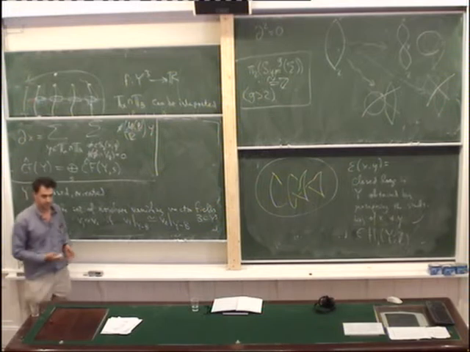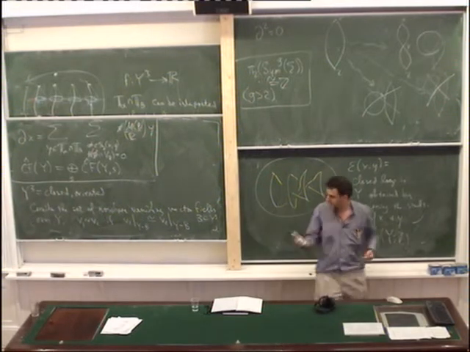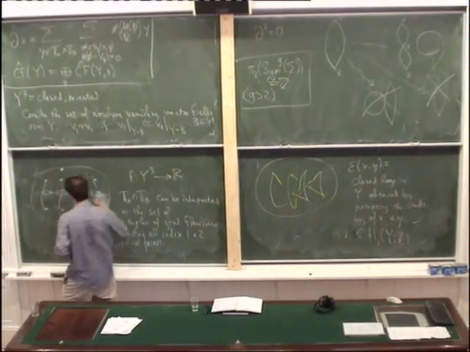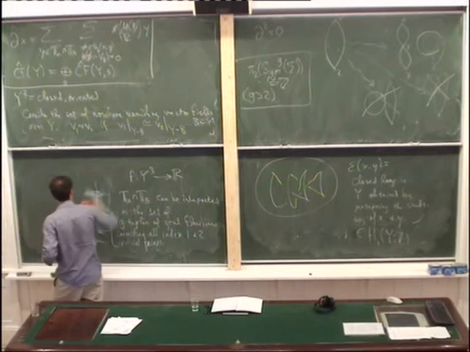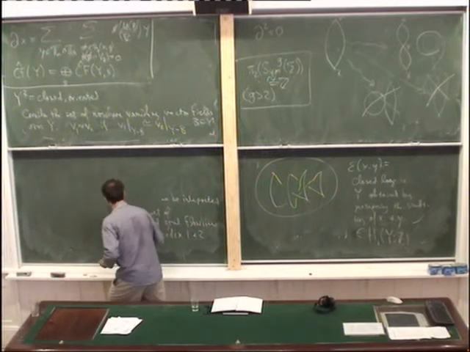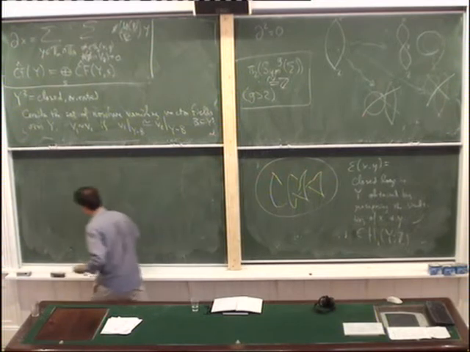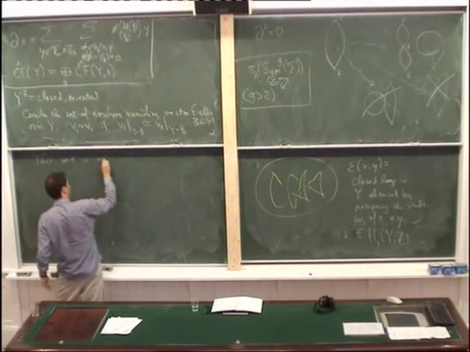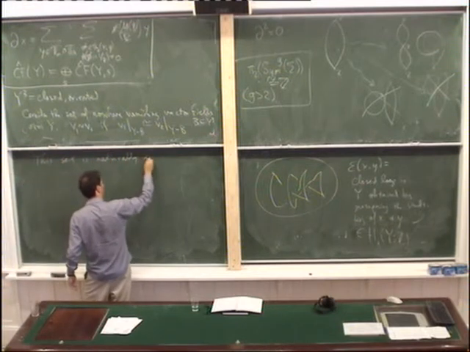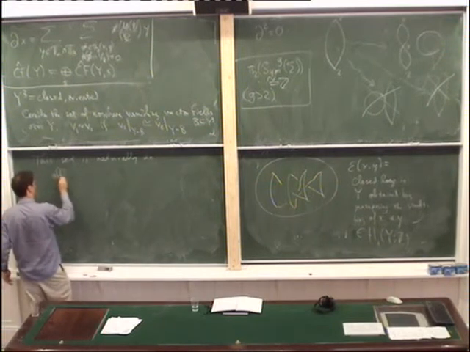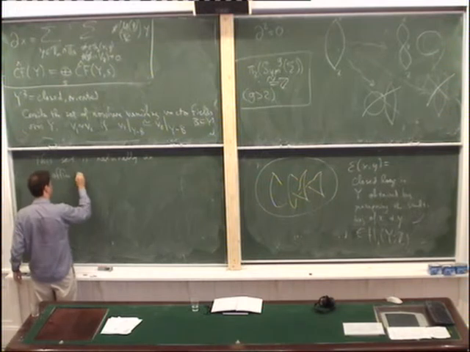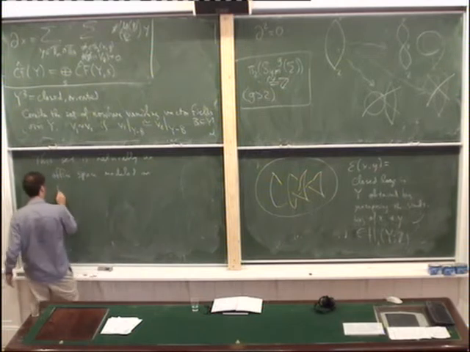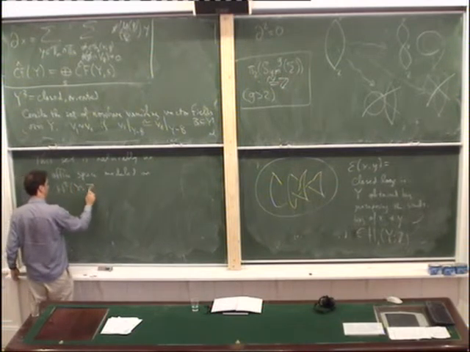So there's an equivalence class of vector fields on the three-manifold. And this set is naturally an affine space modeled on the two-dimensional cohomology of the three-manifold with Z coefficients.